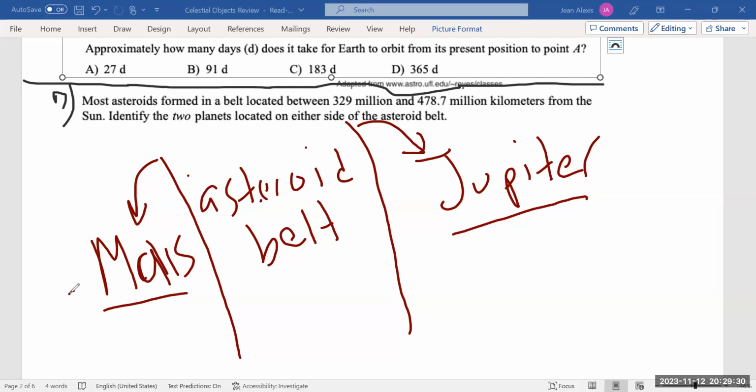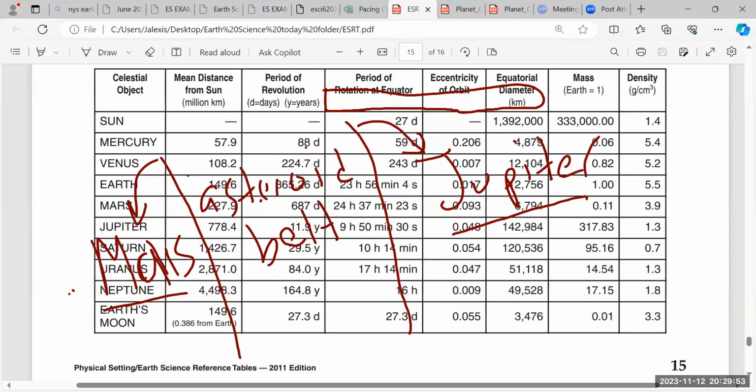The second way to get this answer is if they tell you that the asteroids form in the belt located between 329 million and 478.7 million kilometers from the sun. When I'm looking at those numbers, I'm going to change my screen to my reference tables.